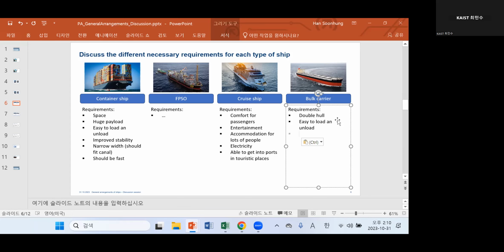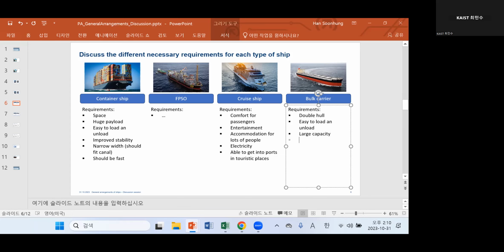What about a large empty space in the ship and a mechanism for it already? So large capacity also. Yeah, it's very good.